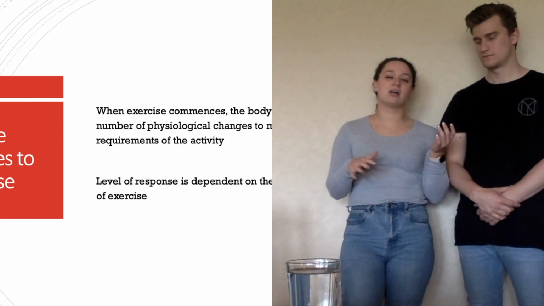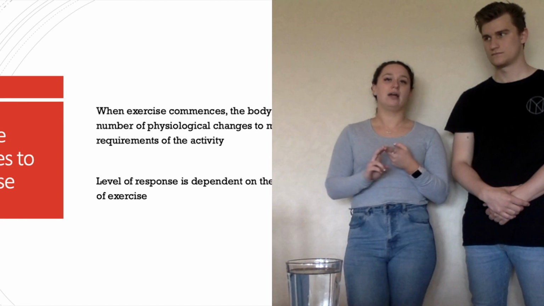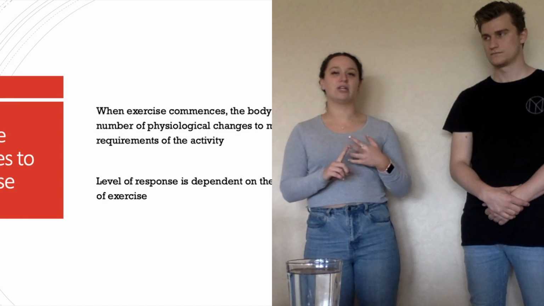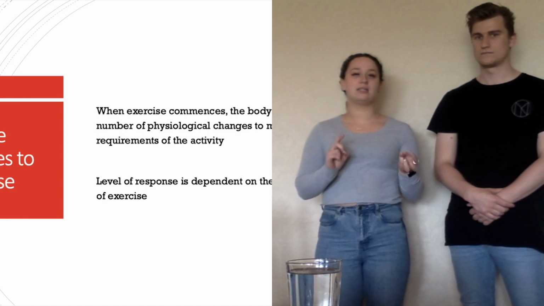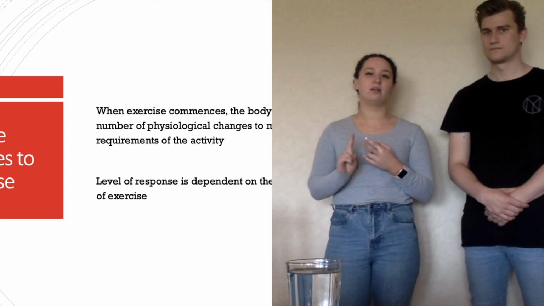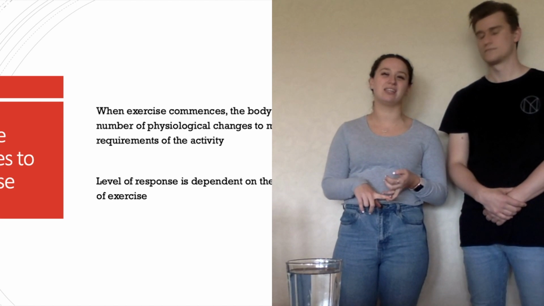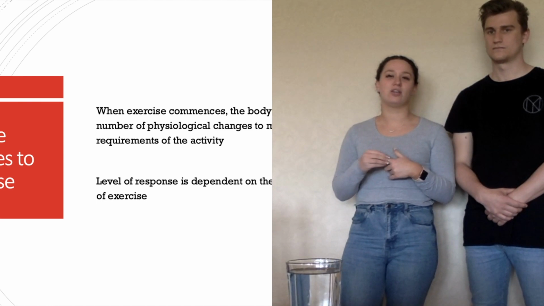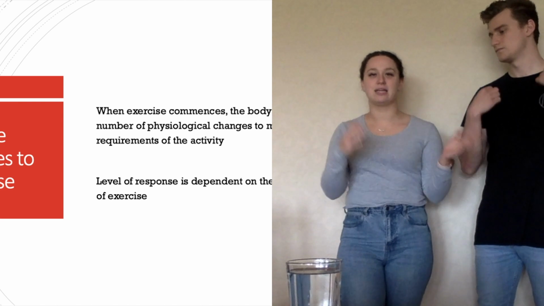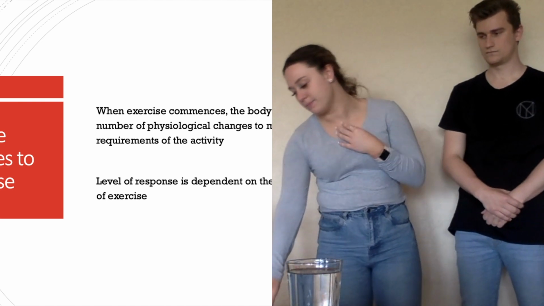So when we exercise, there's an increased need for oxygen and an increased need for energy, so our fuels, and the three systems, respiratory, muscular and cardiovascular, all act and create these acute responses that we need to keep up with the function of what we're doing.